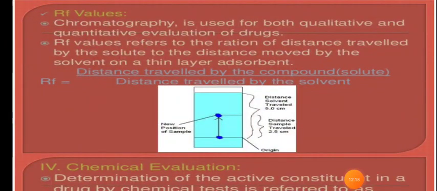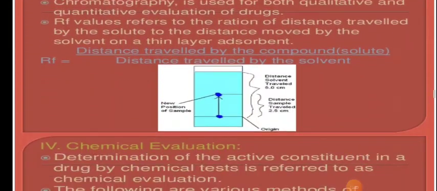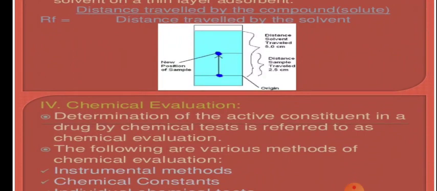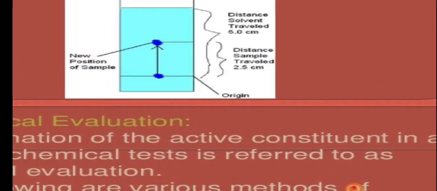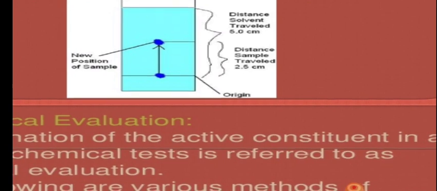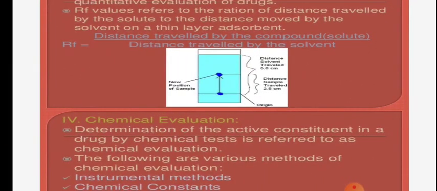Here the distance of the solvent travel is 5 centimeters, and the distance the sample traveled is 2.5 centimeters. So this gives the new position of the sample. All these are the physical evaluation methods.